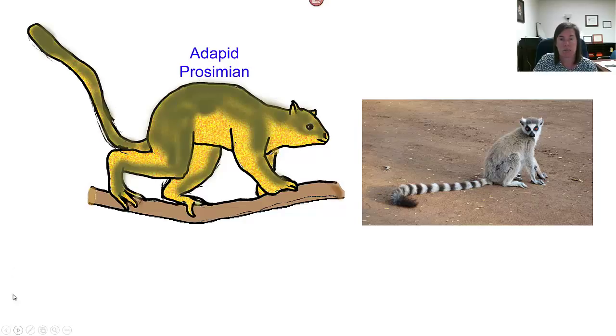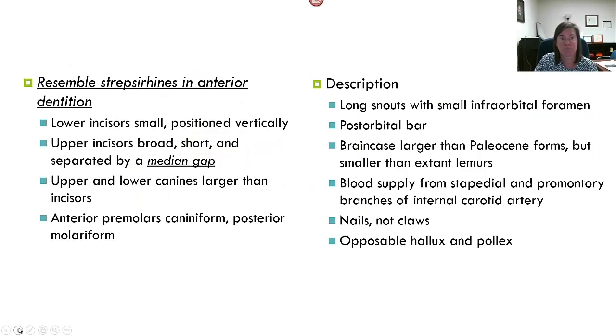So this is what some of these Adapoid prosimians probably look like, relatively similar to this ringtail lemur here. So how do they resemble living Strepsirhines? Well, they resemble living Strepsirhines in their anterior dentition. To begin with, their lower incisors are small and positioned vertically.